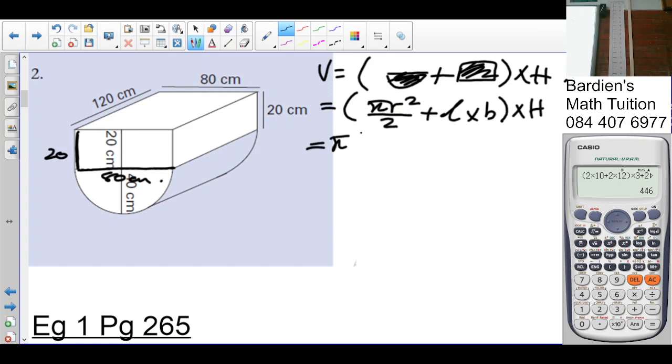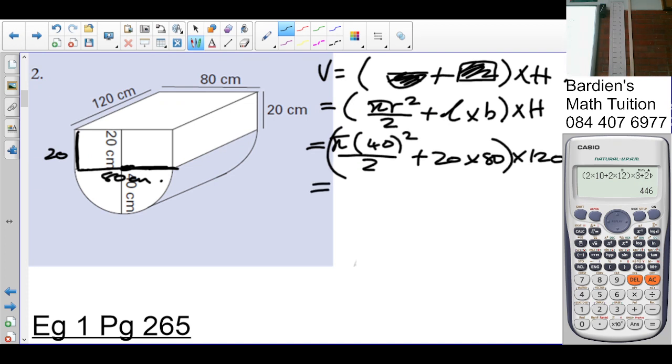So it's going to be pi. So what's the length of the radius? 40. So it's pi times 40 squared divided by 2 plus 20 times 80 times the height of this object, which is 120.